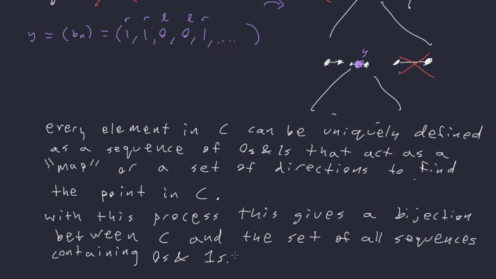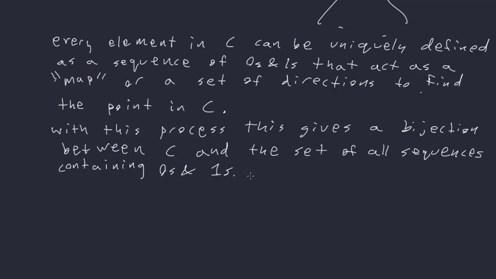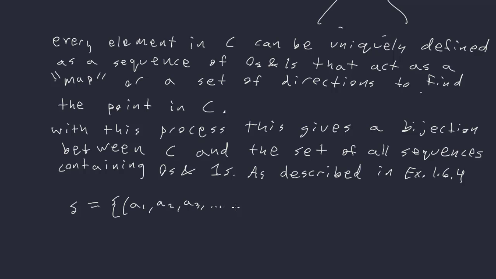Okay, so as described in exercise 1.6.4, we were given the set S, which was all the sequences a1, a2, a3, where each a_n is either 0 or 1.